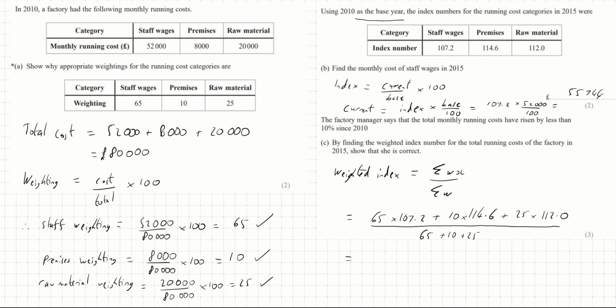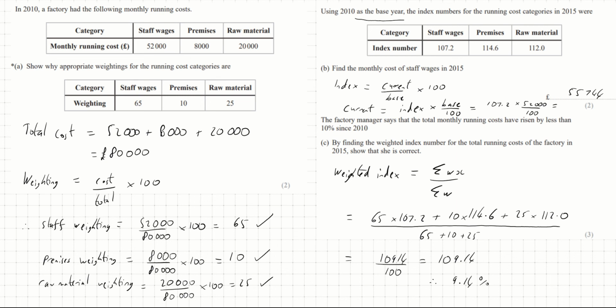Okay, so this is a big calculation to do. I think we get 10914 as the numerator and 100 as the denominator. So 109.14 is our weighted index number. This means that total running costs have increased by 9.14%.